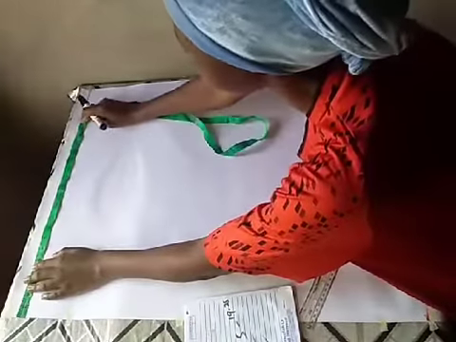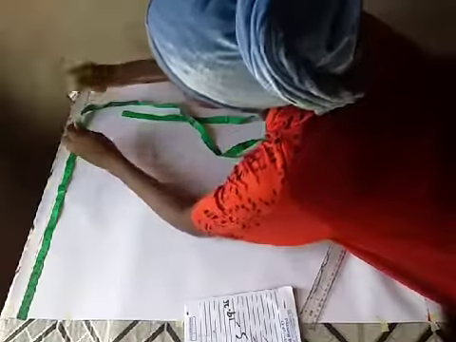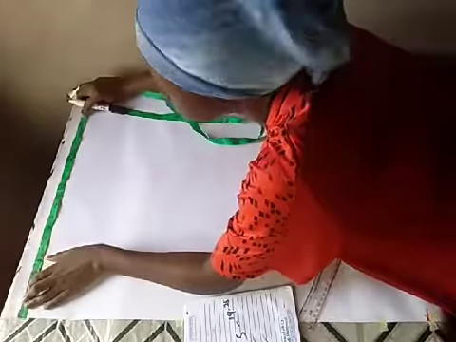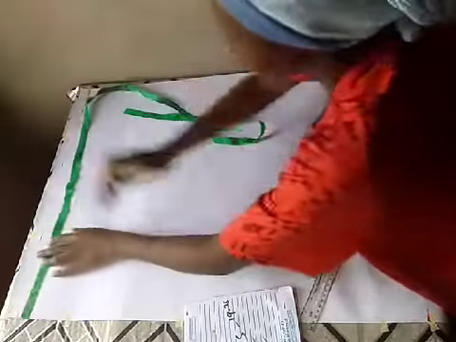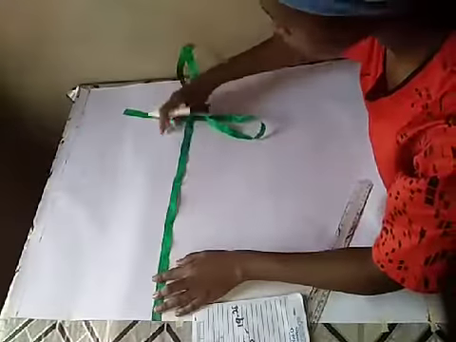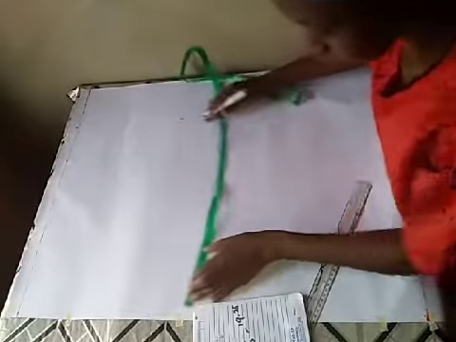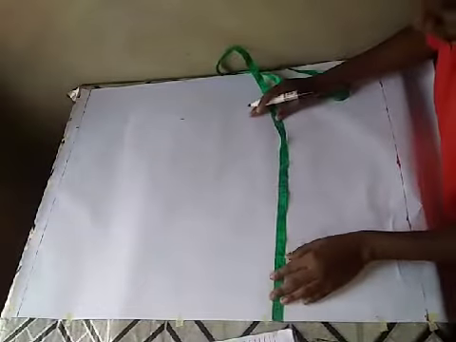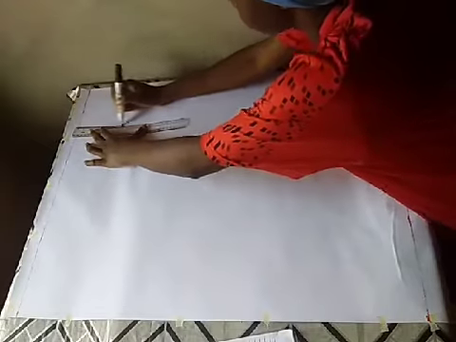So this is 19.25 across, and 19.25. So you connect the dots here.